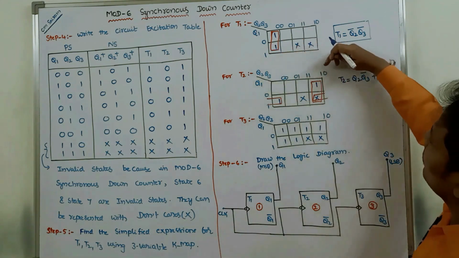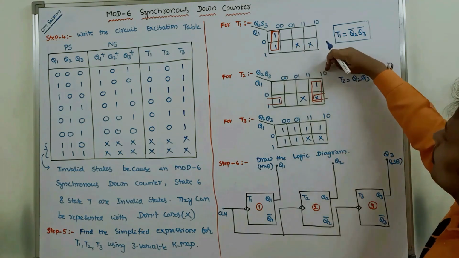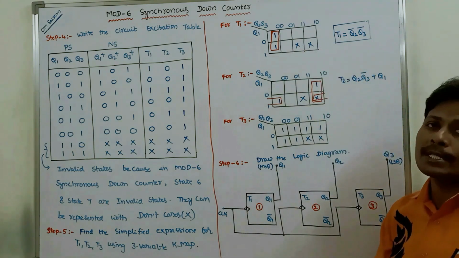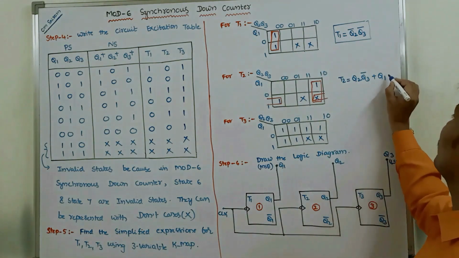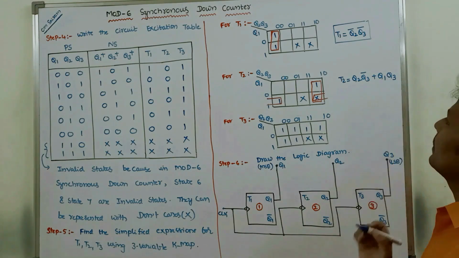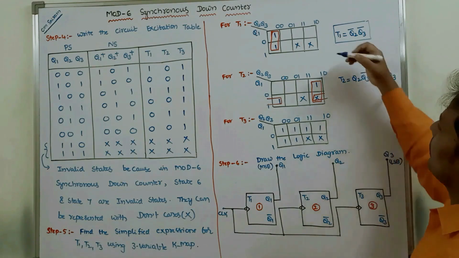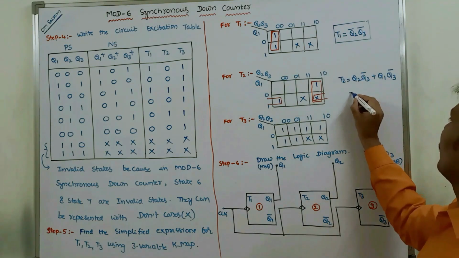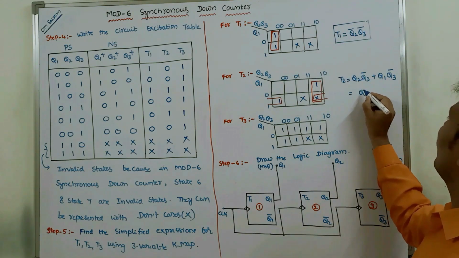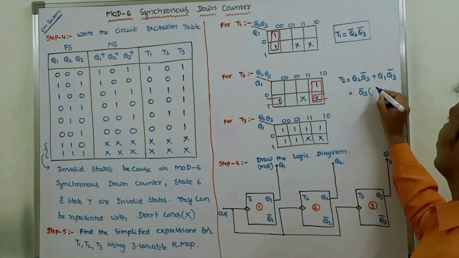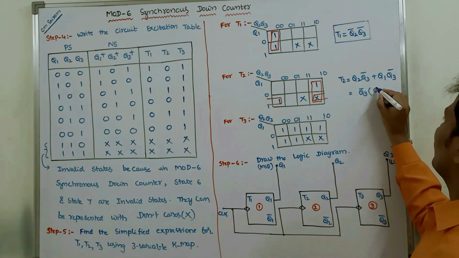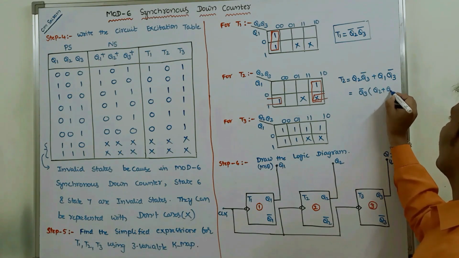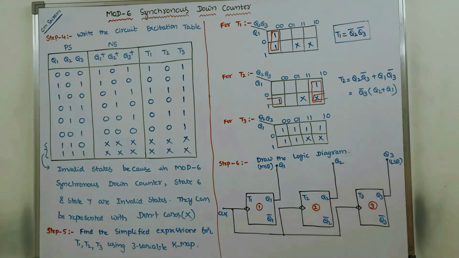The second bit is 0 0, both bits are same, so we have to consider that one. Q3 value 1 means it is Q3. Q3 value 0 means it is Q3 bar. So now common Q3 bar. We have to separate Q3 bar, then we are getting Q2 plus Q1. Okay, next.